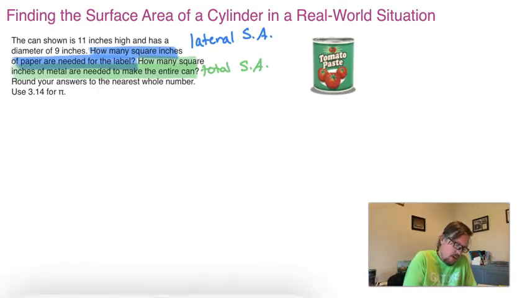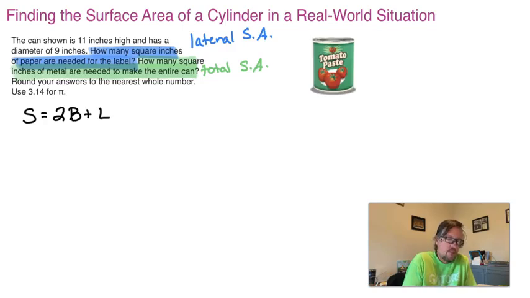So let's go ahead and write out our formula. Surface area is 2 times the area of the base plus the lateral surface area. That's just our general formula for any prism or cylinder. Because this is a cylinder, the area of the base is pi r squared.